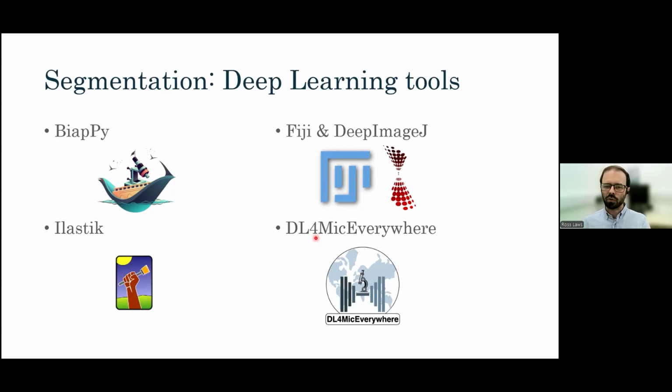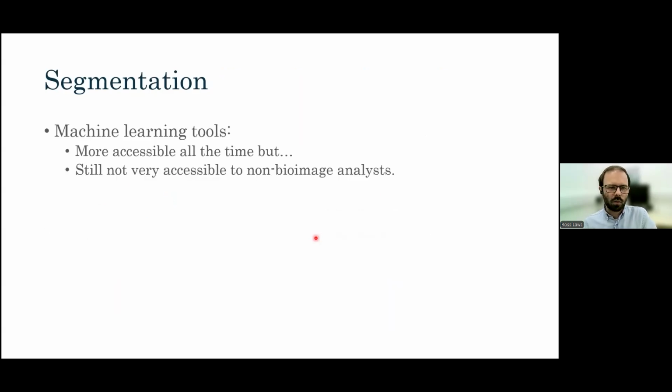So for example, a mitochondria model, you might be able to then apply to your data as well if it's volume EM. Then you've got ilastik and deep learning for microscopy everywhere as well. So machine learning tools are becoming more accessible all the time, but they're still not very accessible to non-bioimage analysts. So it's good to be able to have people to talk to in the field who can help with that.